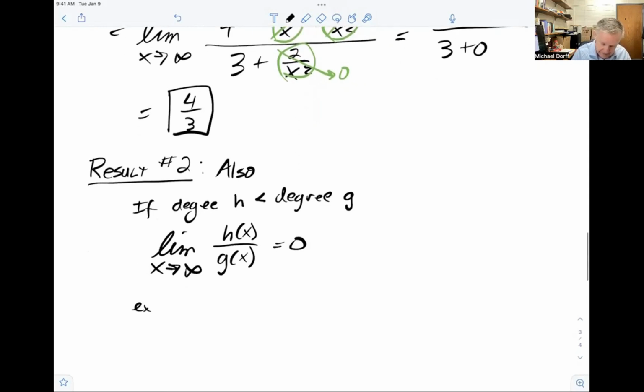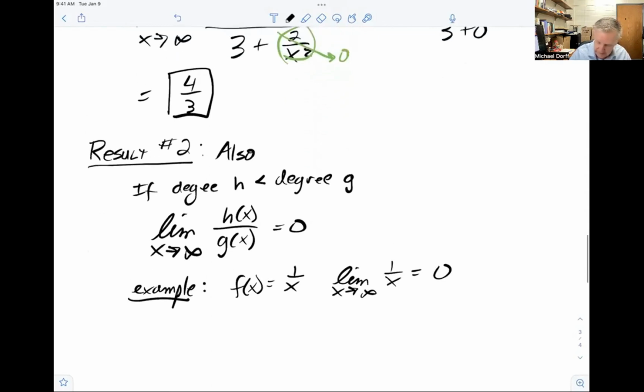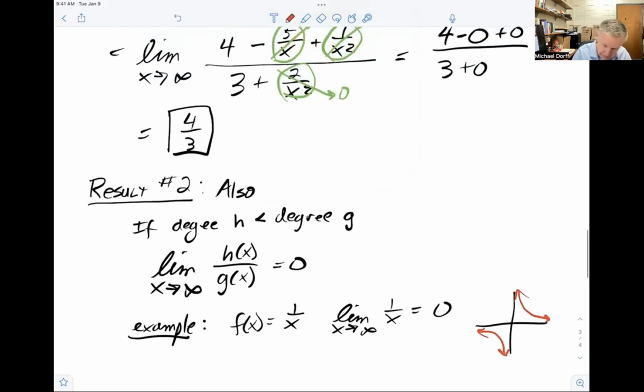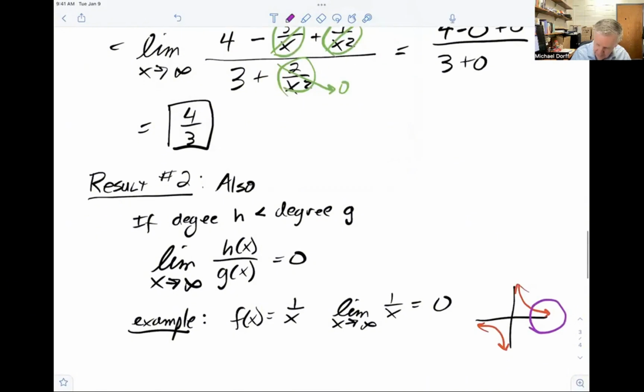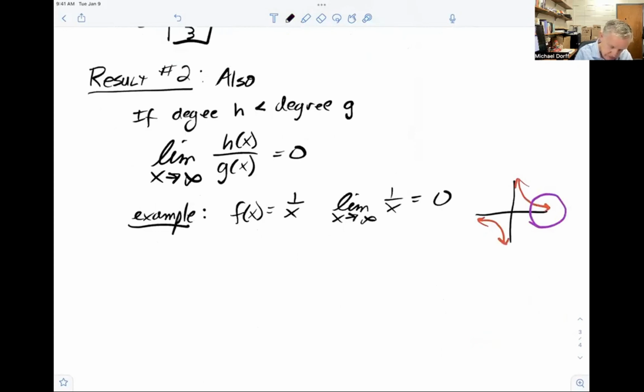An example of that was f of x equals 1 over x, and the limit as x goes to infinity of 1 over x equals 0. Again, that looks like the function like this, and when we're looking at the limit, we're going farther and farther to that side. So we'll call this part B.